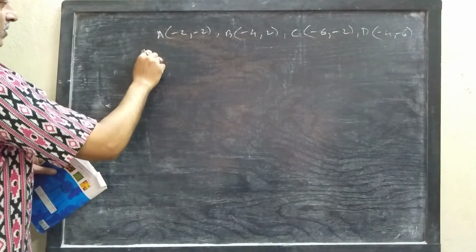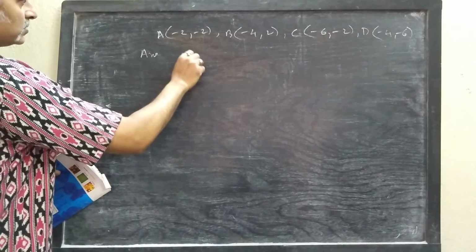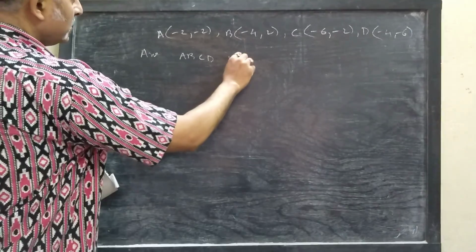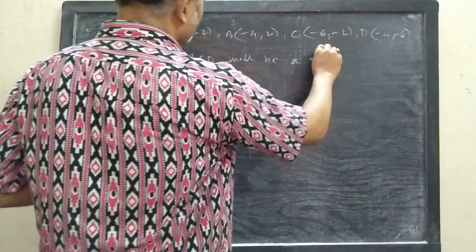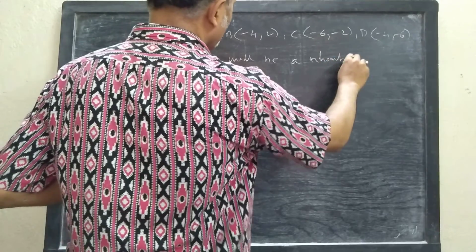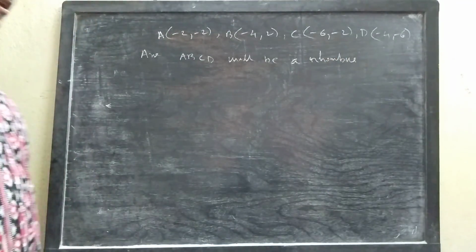Your answer will be ABCD will be a rhombus. Draw its diagram and then verify it. Okay.